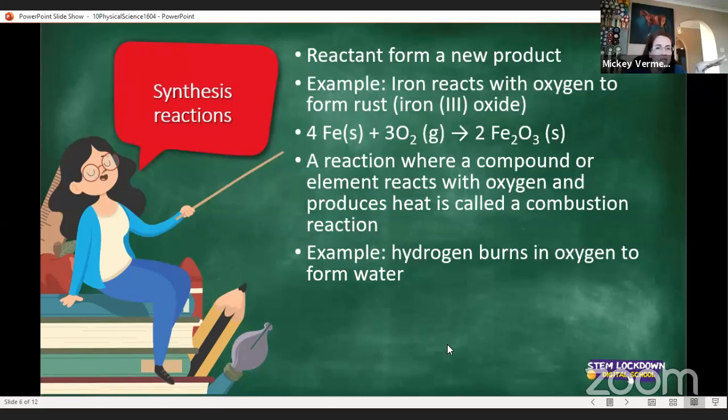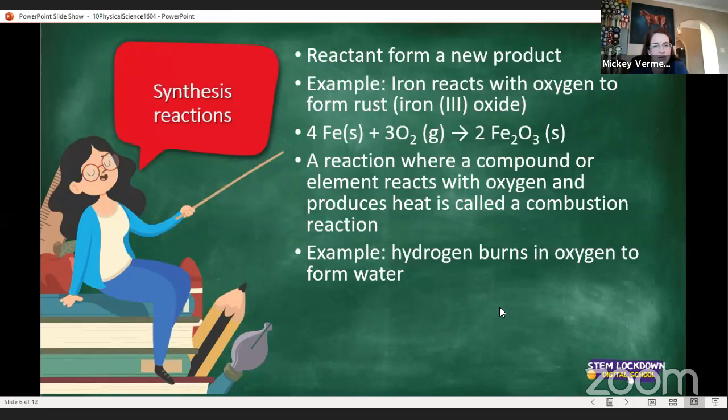Ma'am, wouldn't it rust? How do we know a synthesis reaction is occurring? Mbali, for a synthesis reaction, you have more reactants, and they form one product. Hydrogen doesn't rust. Rust is a word we very specifically use for iron. Right.